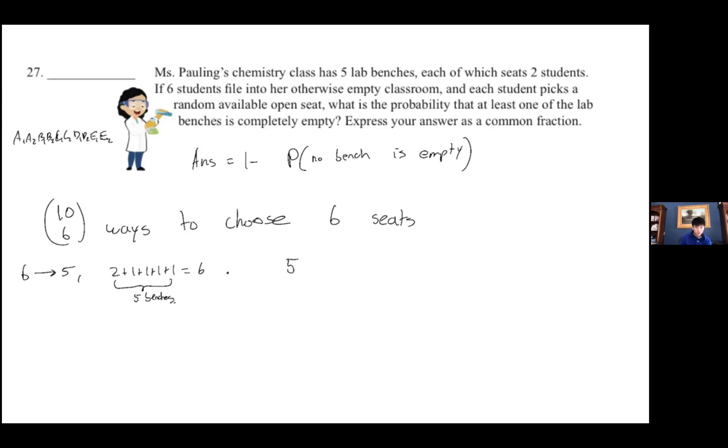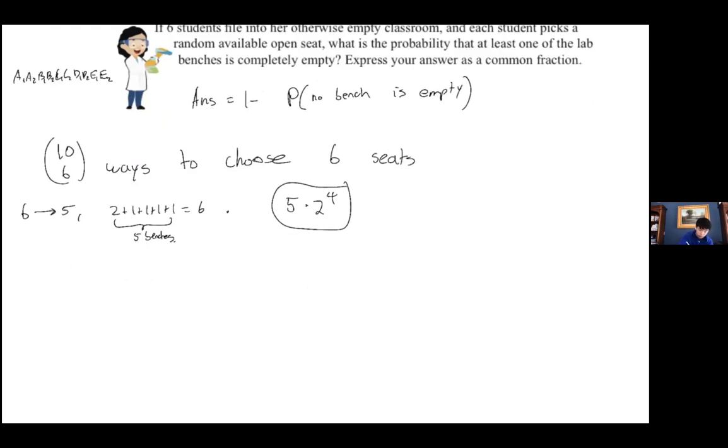And for each of those lab benches, we can put each student in either of the 2 seats. So we multiply that by 2 to the 4th. And so this is 5 times 2 to the 4th ways for the students to choose 6 seats so that no lab bench is empty.